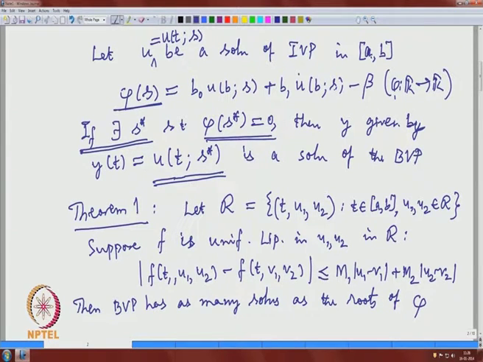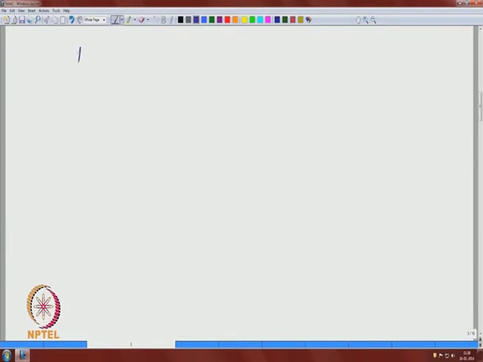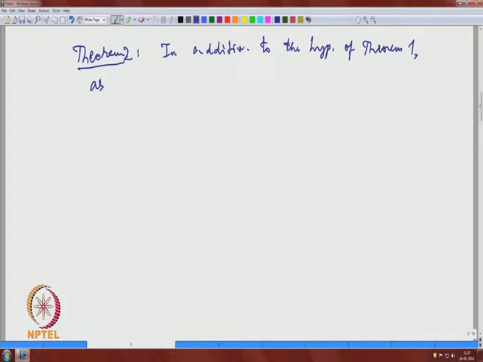Now we go to the second theorem, some uniqueness result. Theorem 2: in addition to the hypothesis of theorem 1, assume some smoothness condition on f.